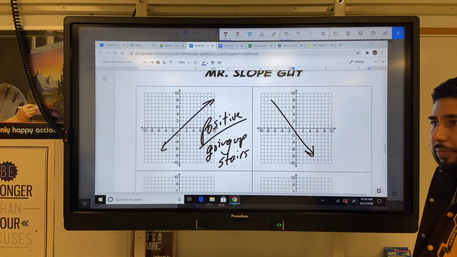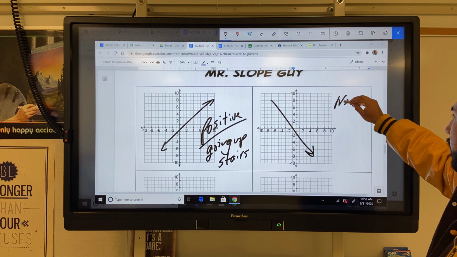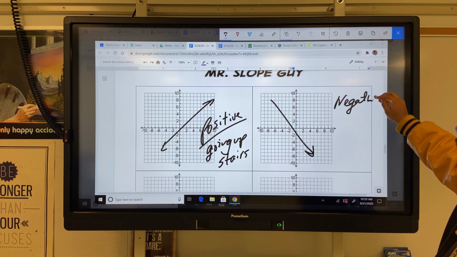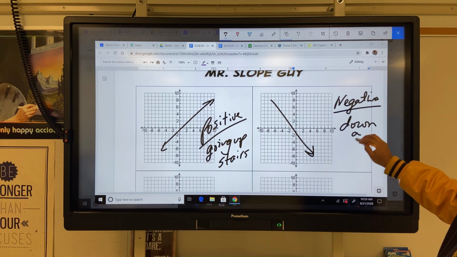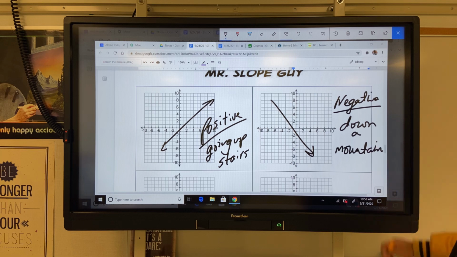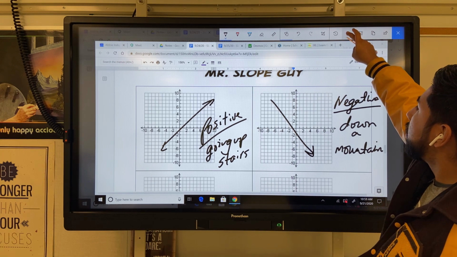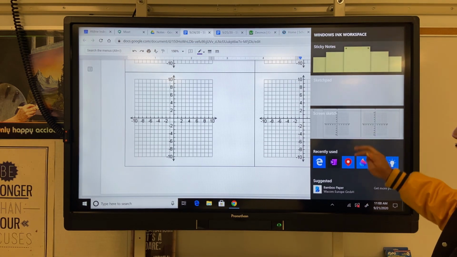Let's use a different one. Let's go this negative. Let's say down a mountain. Okay, so we did positive, negative. Next two.